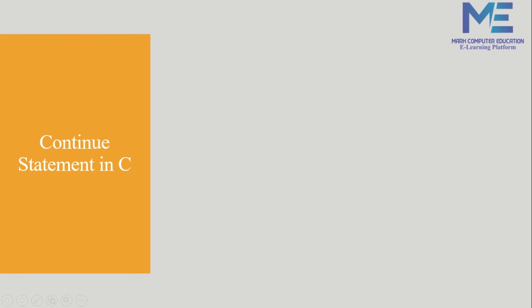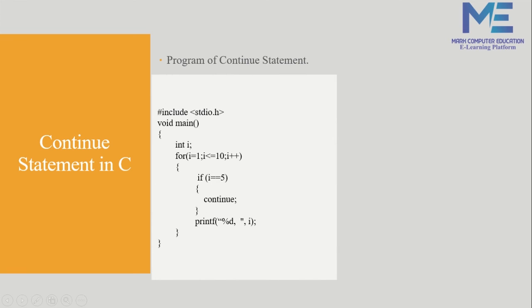Now let's see the program of the continue statement. Here I have created one program of the continue statement in which I used a for loop starting from 1 and going to 10. But you can see the output, it is printing the values 1, 2, 3, 4, 6, 7, 8, 9, 10. It will not print my value 5 because I had given that if the value of i is equal to 5, then do continue.